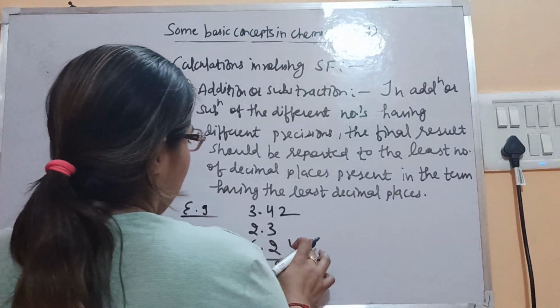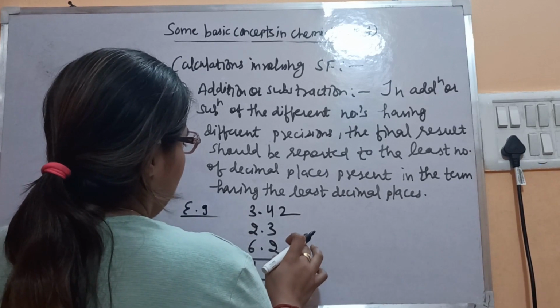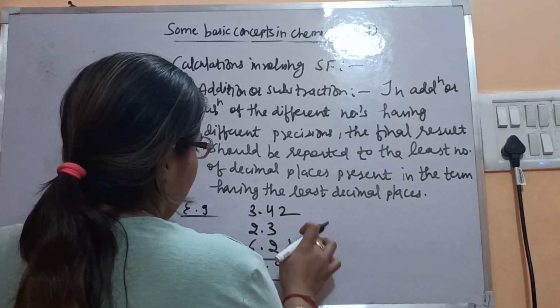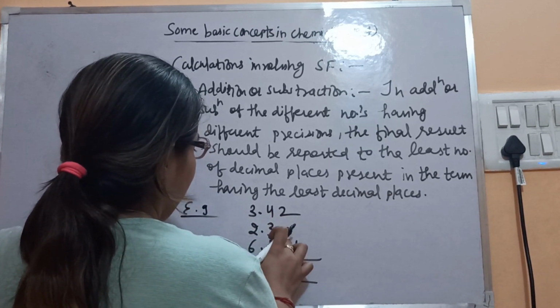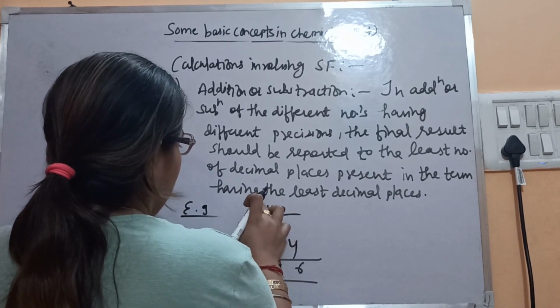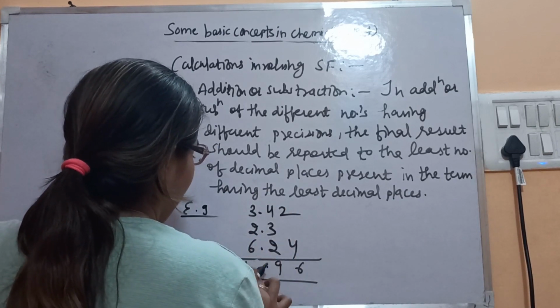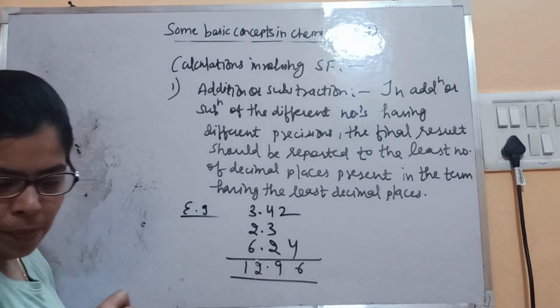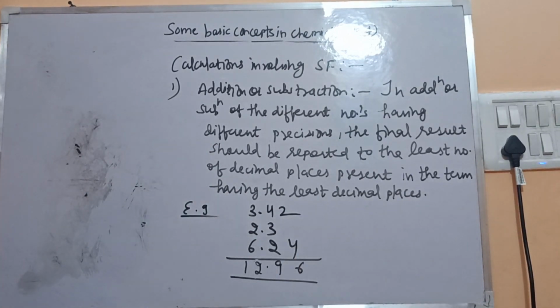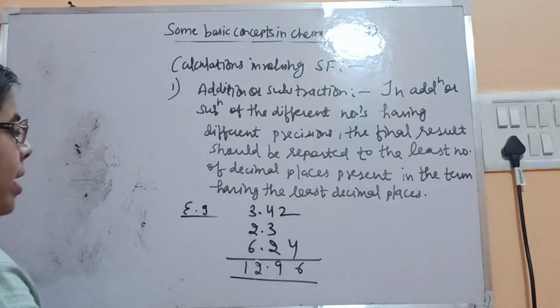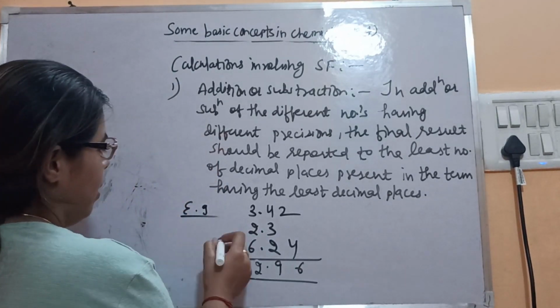Correct? Sorry, 12. 12.96. Fine, this is the result of the addition.